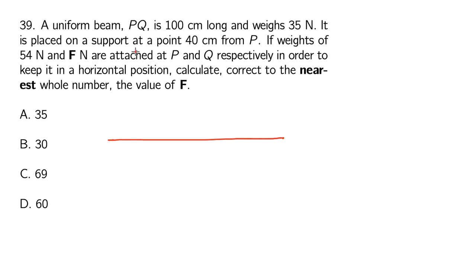It is placed on a support at a point 40 centimeters from P. So there's P here, we can call this P, and we can call this Q. If weights of 54 Newton and F are attached at P and Q respectively, so at P we put a weight of 54 N, and at Q we put a weight of F Newton. And this is done to keep it in horizontal position. Calculate, correct to the nearest whole number, the value of F.